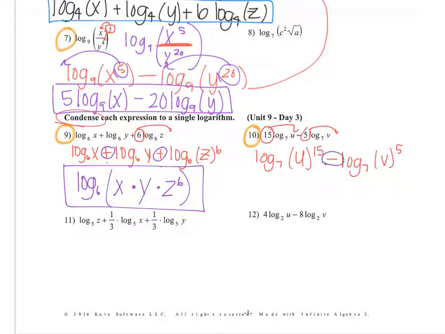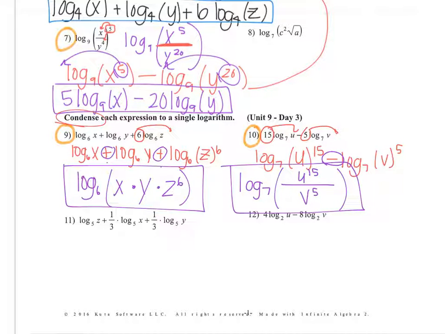This subtraction sign is telling me to use some big division between our variables. So we have log base 7, big division. The first thing that we come across goes up top. The second thing we come across goes on the bottom. So we have u to the 15th up top and v to the 5th on the bottom. Box it in, and you're good to go.